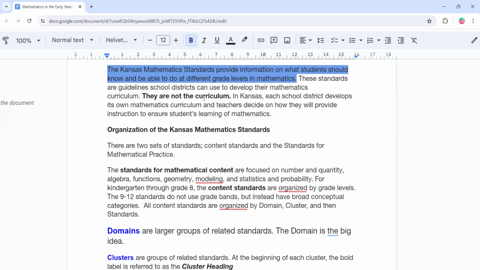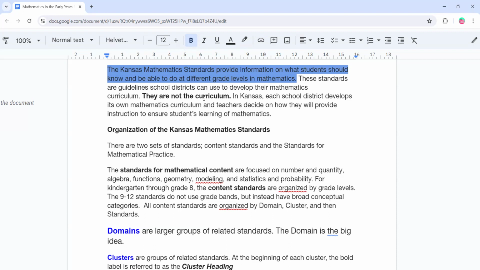Okay. So earlier we discussed the organization of the Kansas Early Learning Standards. They had four different parts. Now, here we discuss the organization of the Kansas Mathematics Standards. There are two sets of standards, the content standards and the standards for mathematical practice. The standards for mathematical content are focused on number and quantity, algebra, functions, geometry, modeling, and statistics and probability.